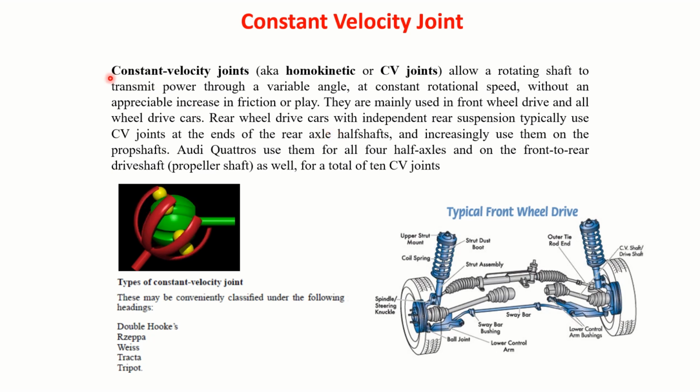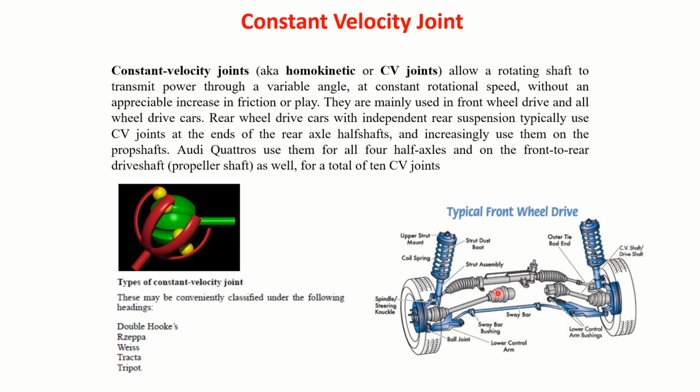Sometimes to avoid this problem, you can see here constant velocity joints, homokinetic or CV joints. Mostly you can find this in front wheel drive vehicles. Look at this. This is the wheel, this is the wheel, this is the driving shaft. Here you will have the differential.